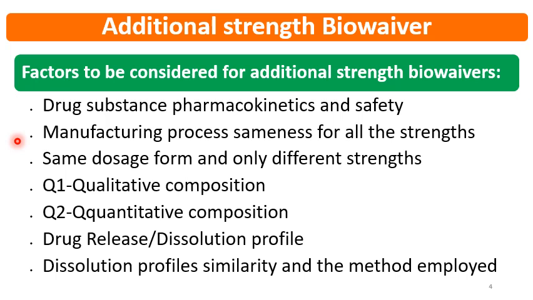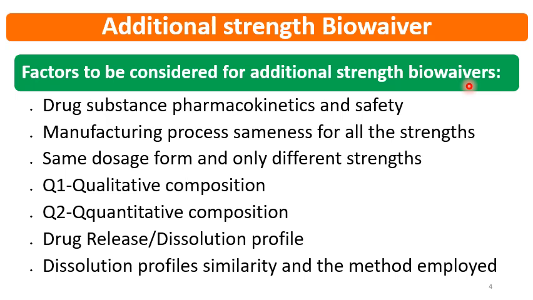Then there are different parameters or factors which are considered for additional strength biowaivers, and these are the factors which are required to be considered during the development phase. So whenever developing a formulation with multiple strengths, we have to understand the biowaiver requirements and where our formulation is standing.